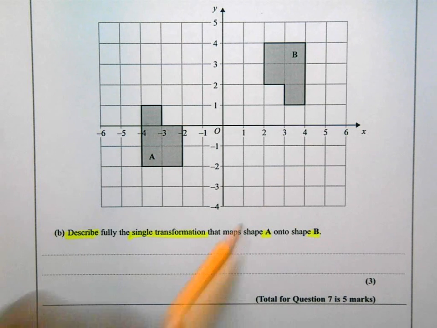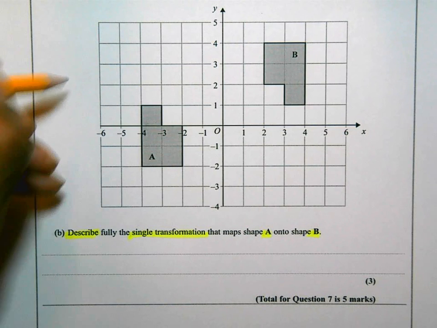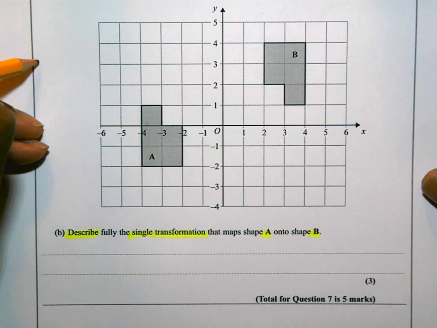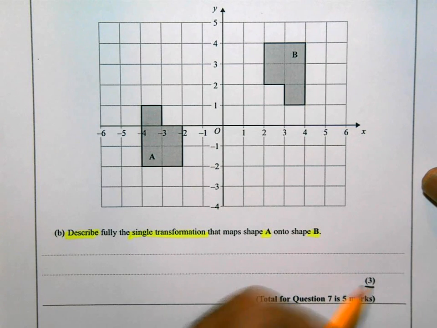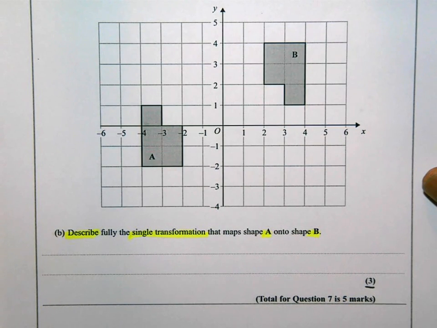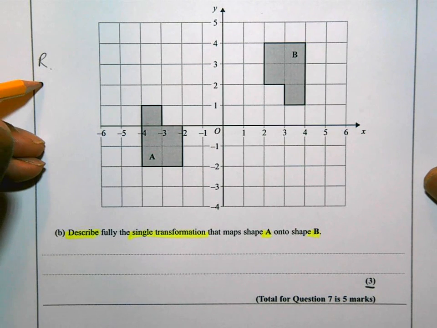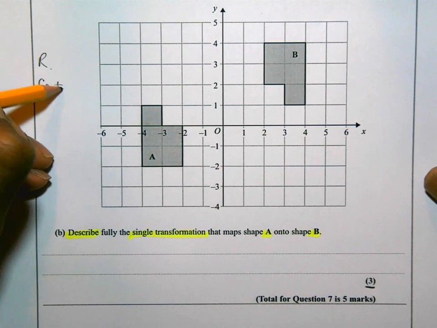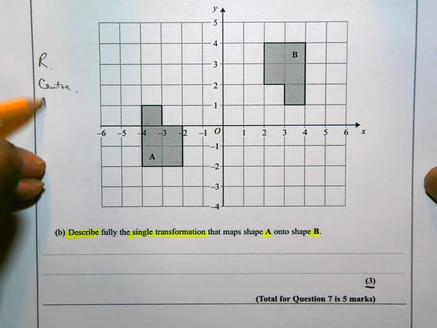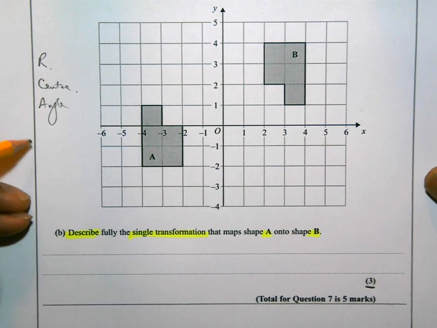Now, how do I find out exactly what I need to say? Well, for a rotation, there are 3 things for the 3 marks in this question. I need to indicate that it's a rotation. I need to find the center of rotation. I need to show the angle that is turned through, and I need to say whether it's clockwise or anti-clockwise.